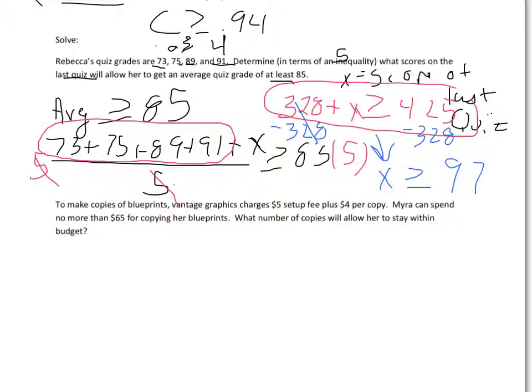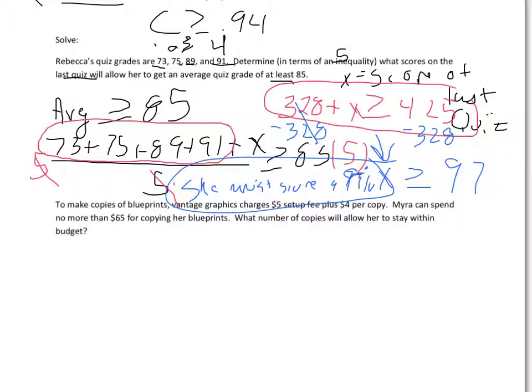So in order for Rebecca to get the average of 85, she must score at least a 97%. Sorry about that. 97%. So that's how you go about doing that.